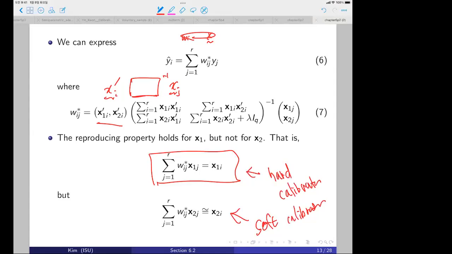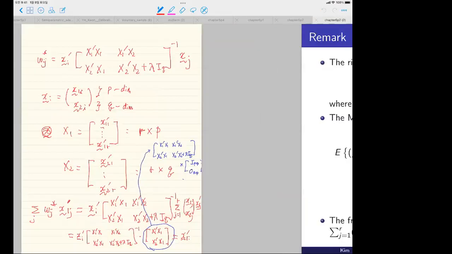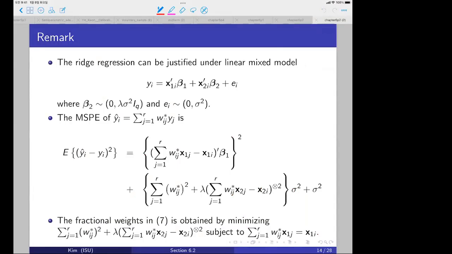But for the less important variables, you can just put them into the model but relax a little bit. So that is the idea here. So a lot of algebra, but the practical implication is quite interesting. So that is what is going on.